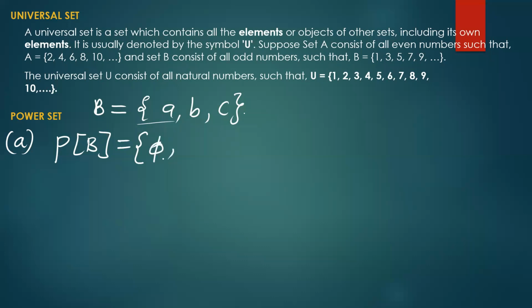Then the other subset of set B is what? The set itself. So we repeat that same set. We have {A, B, C}.